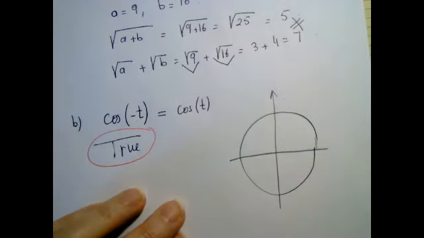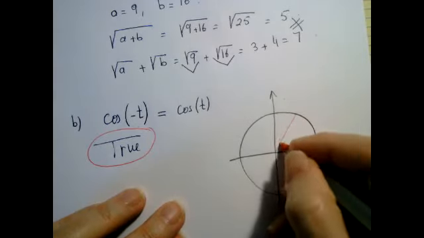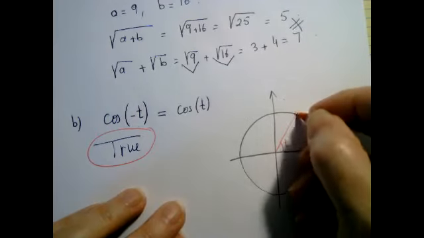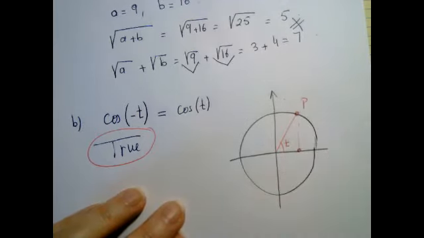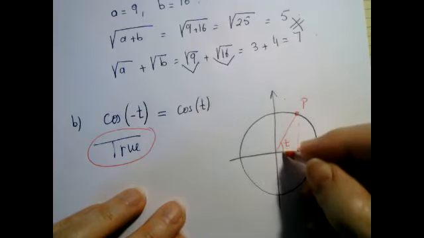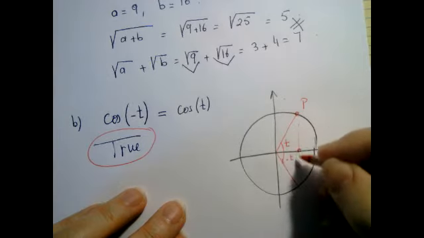As your classmate pointed out, we're going to use the symmetry of the unit circle. If this is t, the cosine is the x-coordinate. That's the cosine. What is minus t? This is minus t.